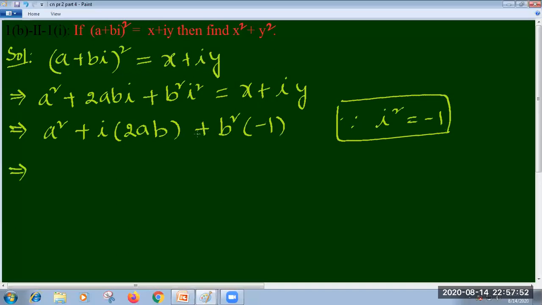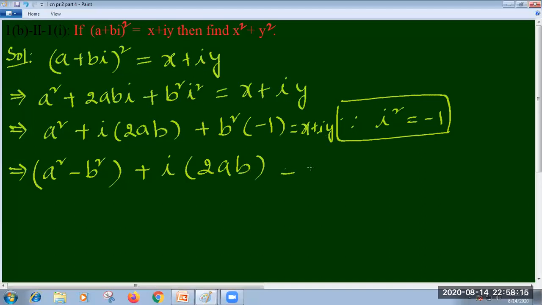So I am writing b square into minus 1 will become minus b square. So a square minus b square together, real part. We are writing the real and imaginary parts separately, and the right side is same, x plus iy.